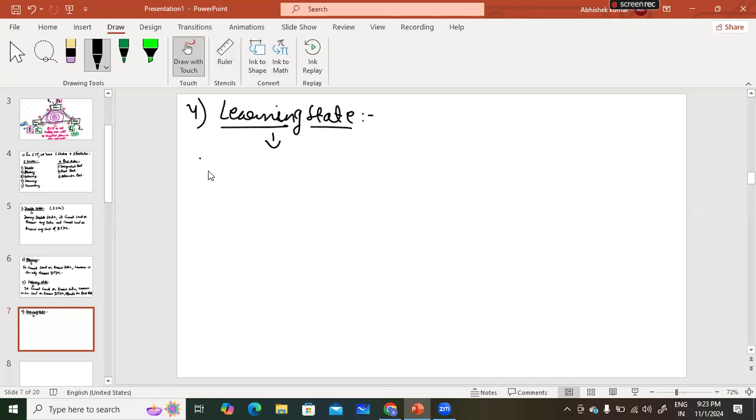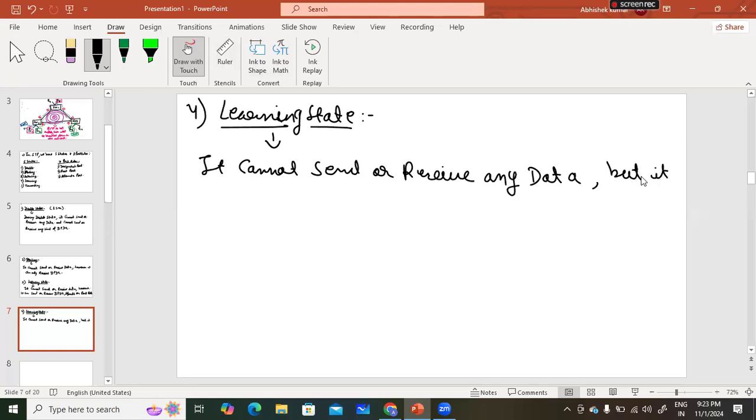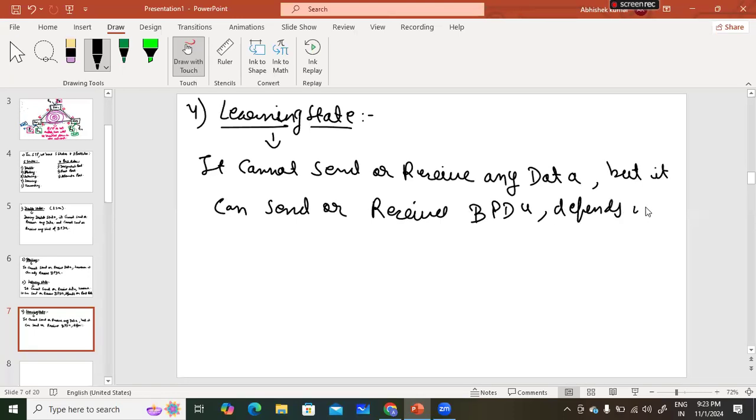It means it cannot send or receive any data, but it can send or receive BPDUs, depending upon port role.